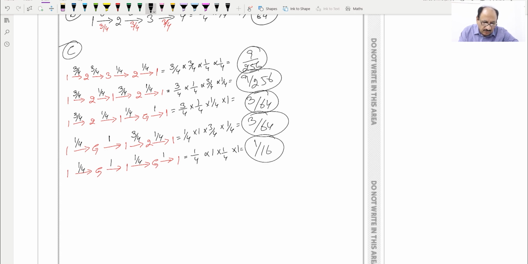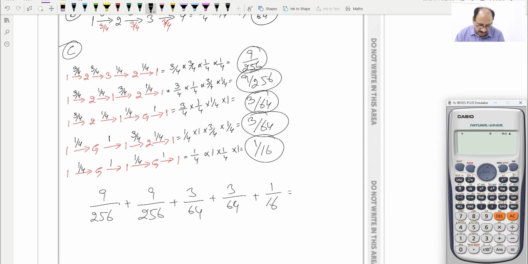So we got all the 4 probabilities, and now we can add the probabilities. So 9 by 256 plus 9 by 256 plus 3 by 64 plus 3 by 64 plus 1 over 16, and we can add all these probabilities.